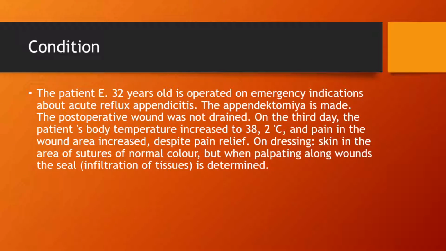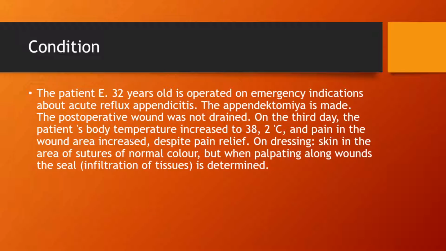And the last condition, I think. The patient, 32 years old, is operated on emergency indications for acute appendicitis. The appendectomy is made. The postoperative wound was not drained. On the third day, the patient's body temperature increased to 38.9 degrees, and pain in the wound area increased.